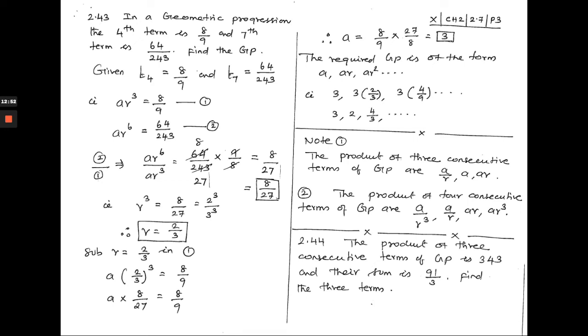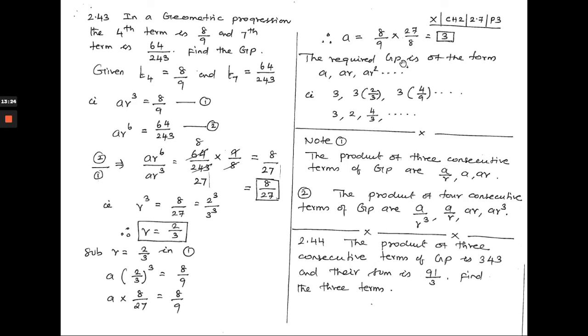Using equation 1, a into 2 by 3 whole cube is equal to 8 by 9. a into 8 by 27 is equal to 8 by 9. Bring this 8 by 27 to the right hand side. a is equal to 8 by 9 into 27 by 8. 8 and 8 cancel, and 9 into 3 is 27. So a is equal to 3.